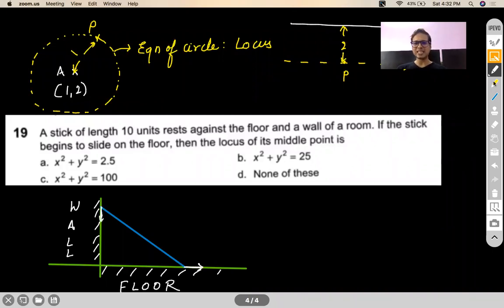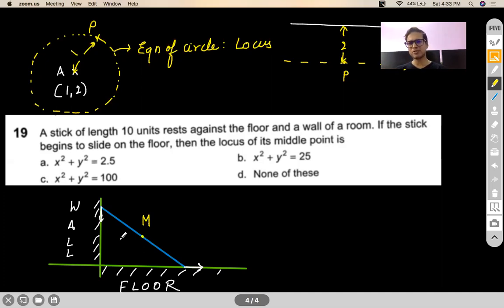Now first of all, we are finding the locus of what? We are finding the locus of the middle point of this stick. Let's say I call this point M. Why at all are we finding the locus of this point? Any answer for that? Is the point M changing?